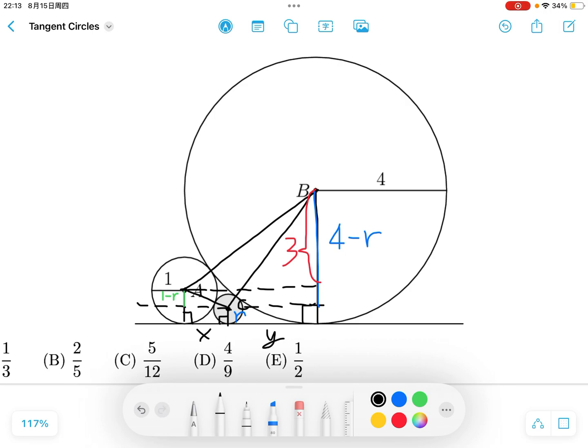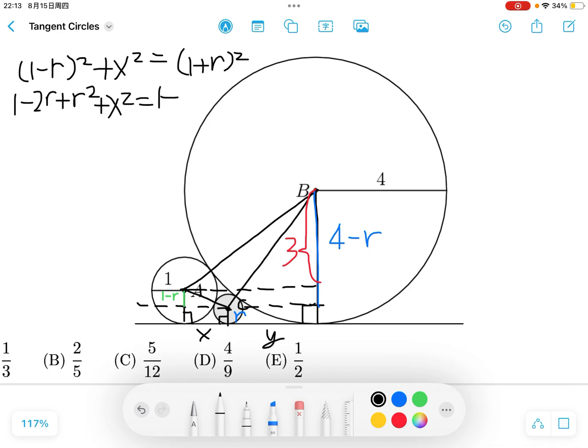For the first relationship, we have (1 minus R) squared, that's one leg, plus X squared, that's another leg, is equal to AC squared. AC is just the sum of the two radii, which is 1 plus R, squared. If we expand it, this gives us 1 minus 2R plus R squared plus X squared equals 1 plus 2R plus R squared.